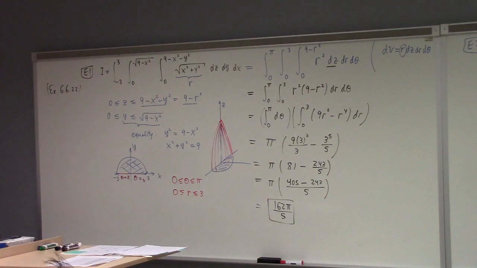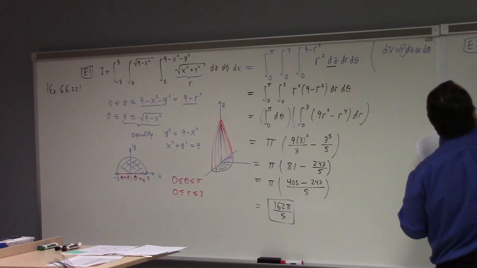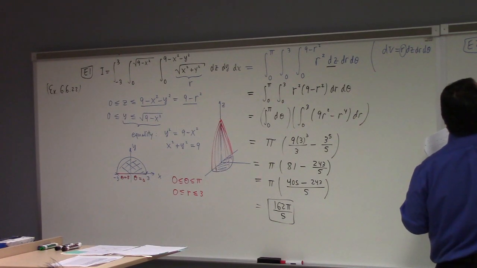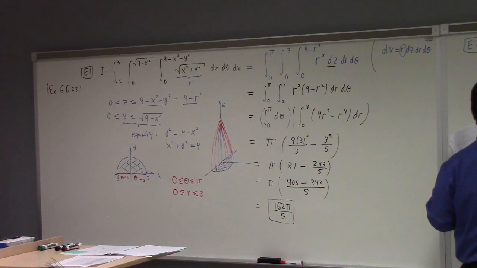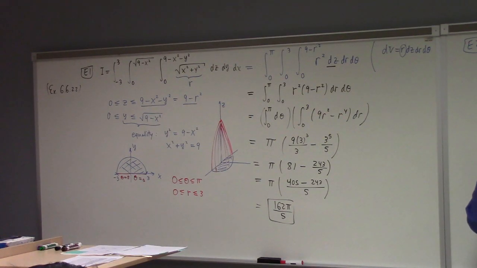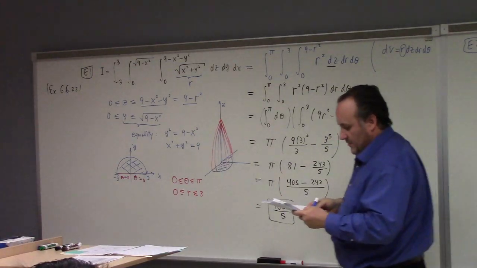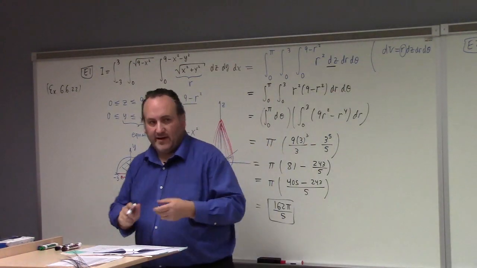Sphere with uniformly distributed mass m, all right, and radius r. And we're going to find the moment of inertia about the z-axis, all right?